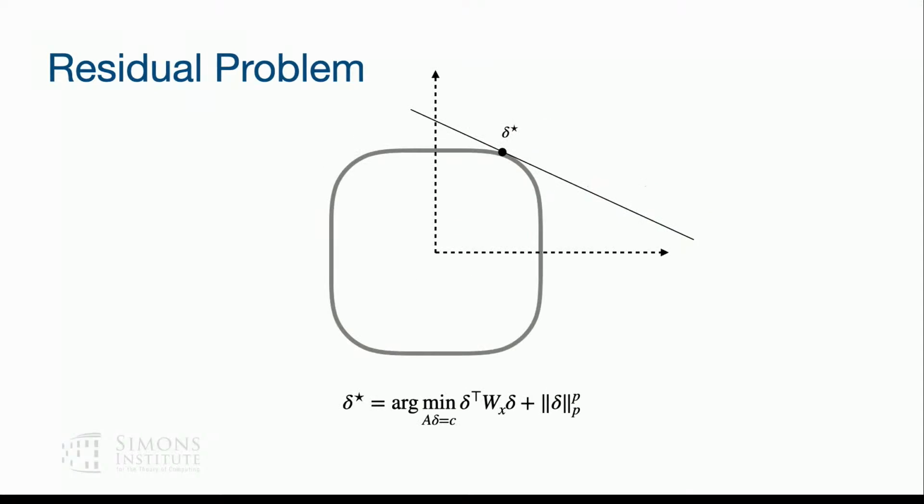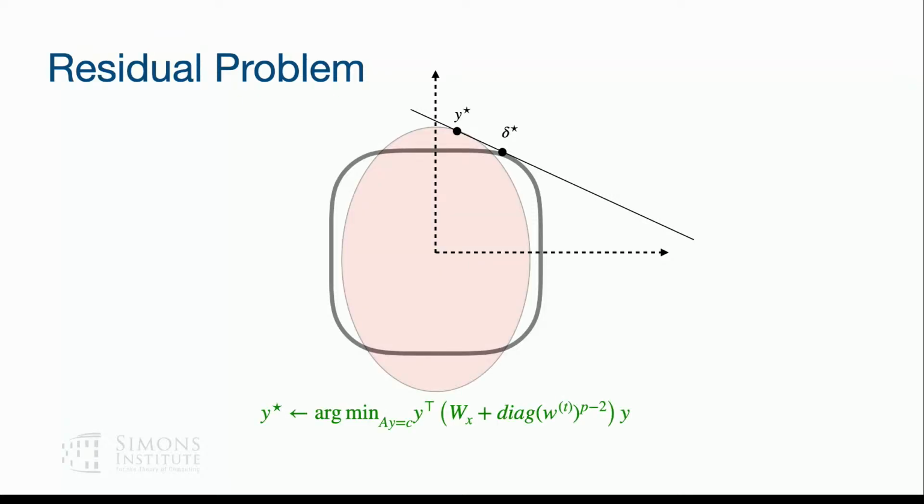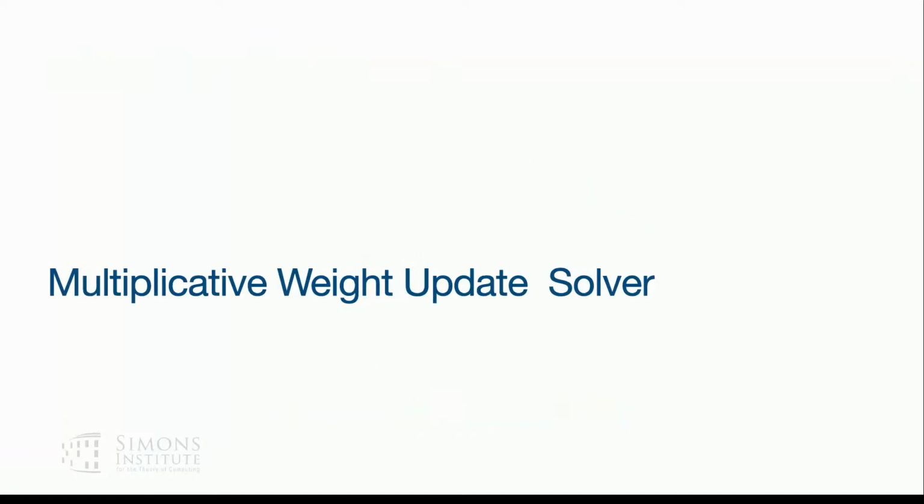We want to use the fact that we know how to solve these problems. If this is like the LP ball, you want to be able to solve some number of quadratic problems and approximate the solution, using a simple multiplicative weight update solver.